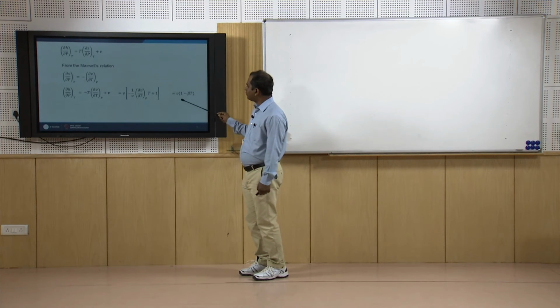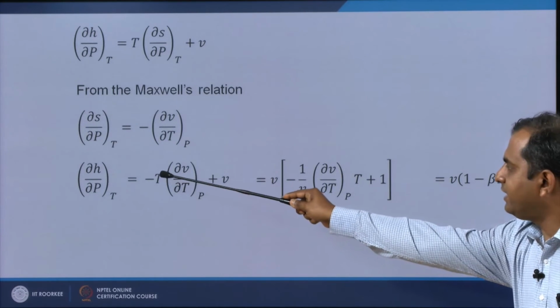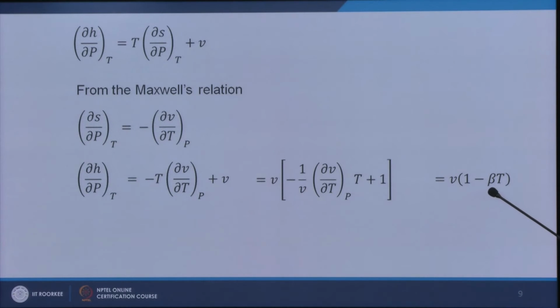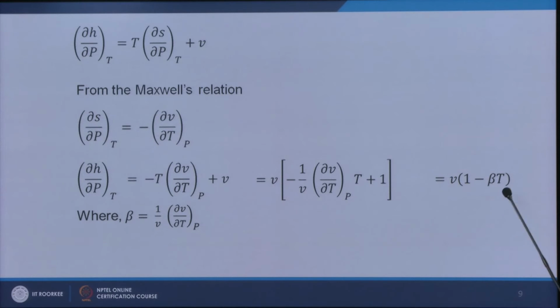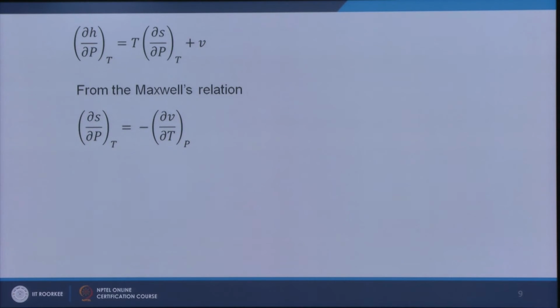So, if I write this whole term as beta, then I get del H/del P at constant T is actually V into 1 minus beta T, right. Okay, then here I have once again shown the expression of beta which we have used. Then we can write dH, which I have already shown you over here.